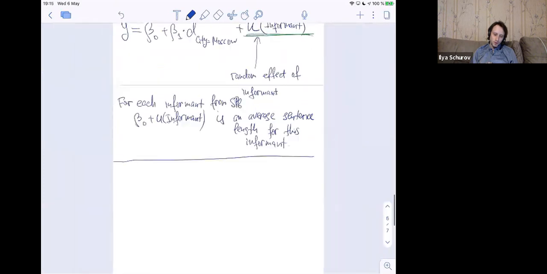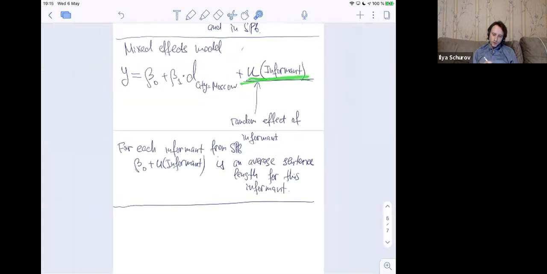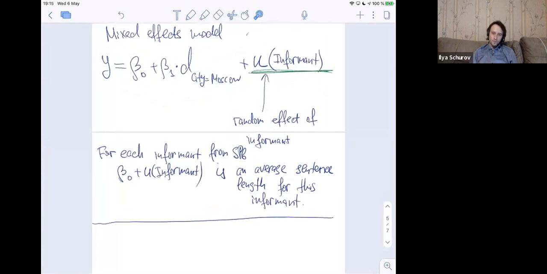There was a question on how to find this U. This is done automatically. Actually, when you fit this regression, it finds not only this beta naught and beta 1, but also these values of U that give the largest likelihood of your data. So this is done automatically.